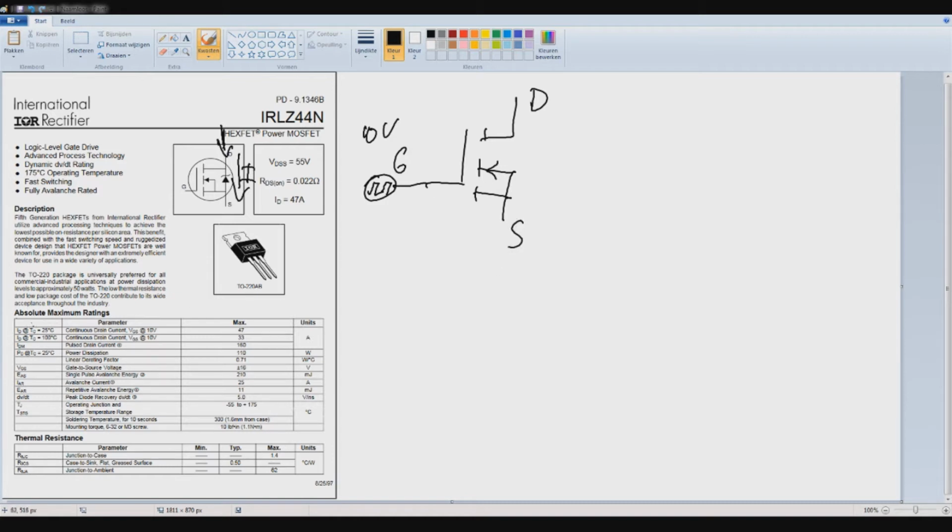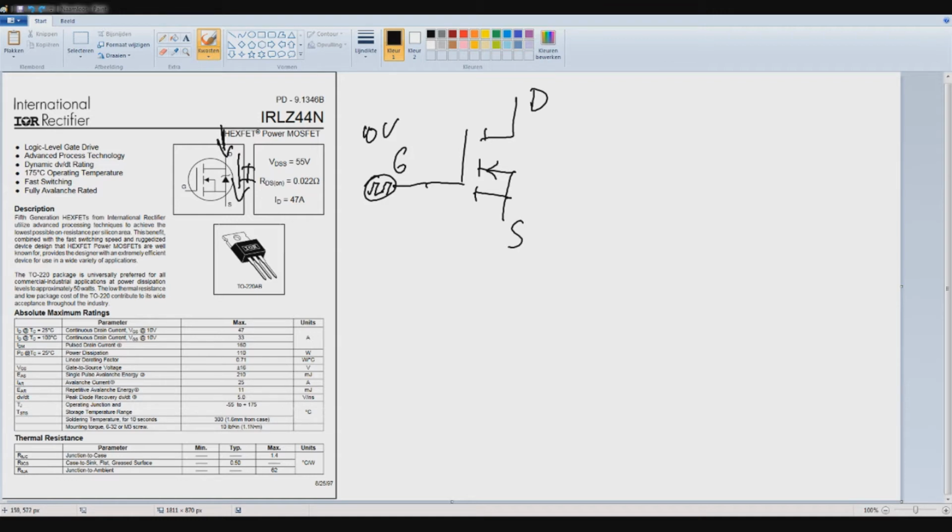And this is for a temperature of 25 degrees Celsius. So if we approach higher temperatures, the maximum current will drop, which is obvious because it's heating up, and therefore you must use a lower current.